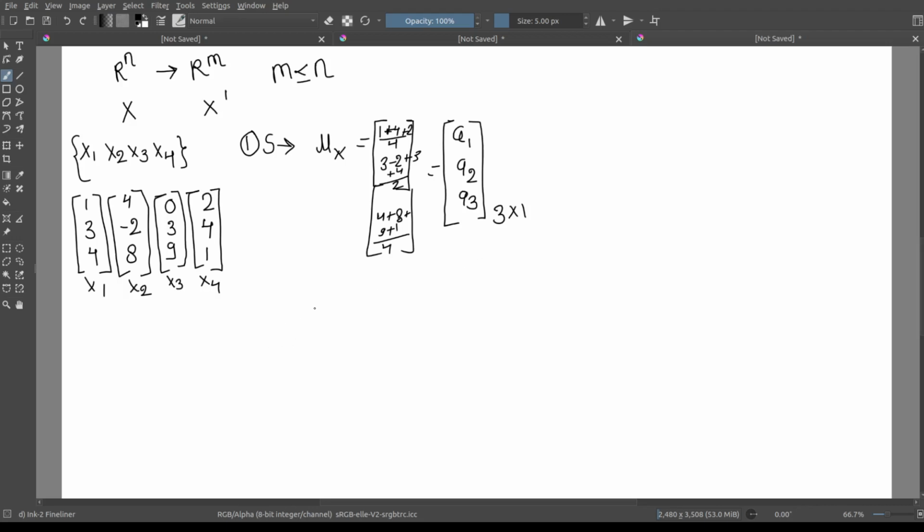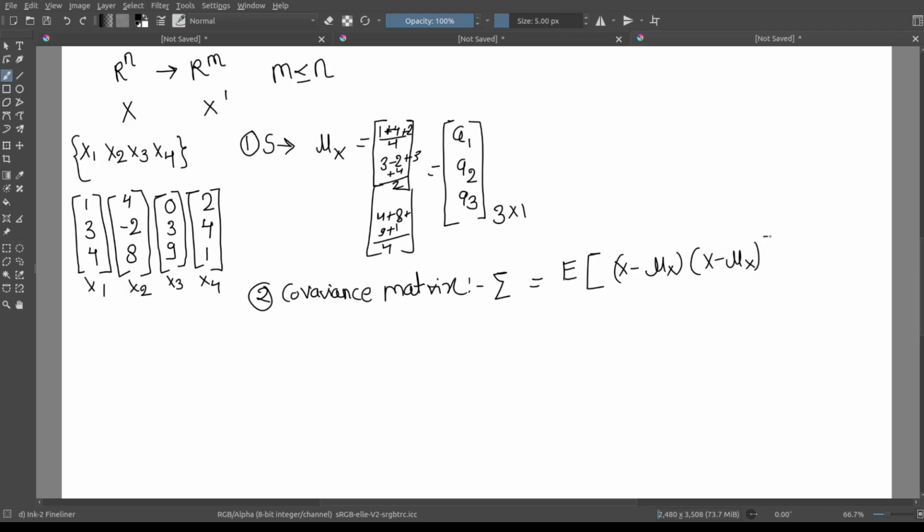Now what you do, you compute the covariance matrix. What is the covariance matrix? The covariance matrix is nothing but sigma, which equals the expectation of x minus mu x times x minus mu x transpose.